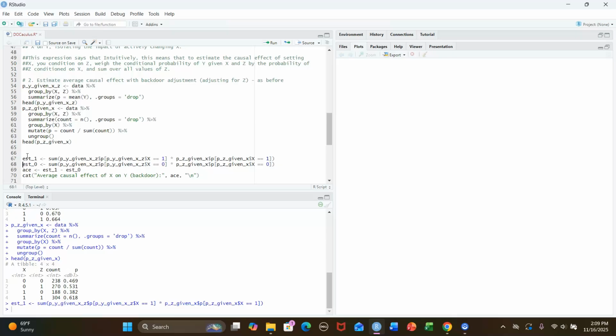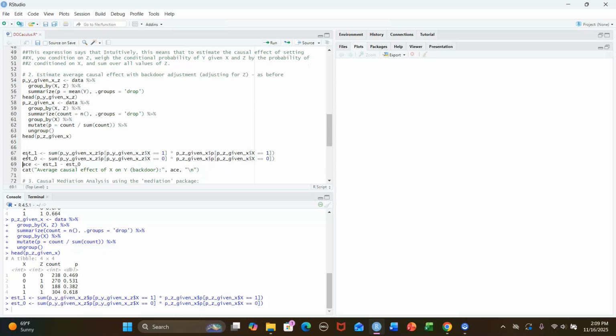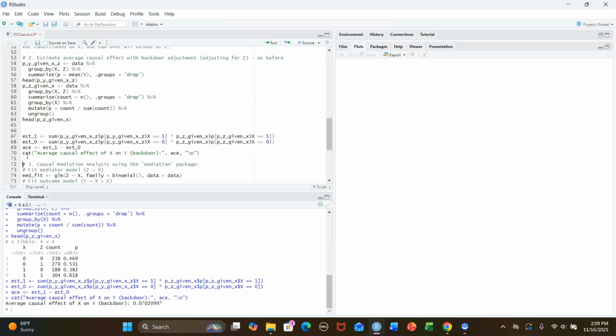Similarly, we can do this sum, total sum, with regard to all the Z's, but restricted to X equal to 0, which is the control group. Then we have the average causal effect, the ACE, to be the difference of estimate 1 and estimate 0. And we can print it out.